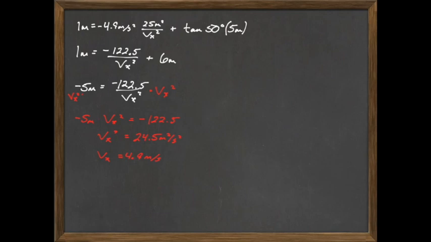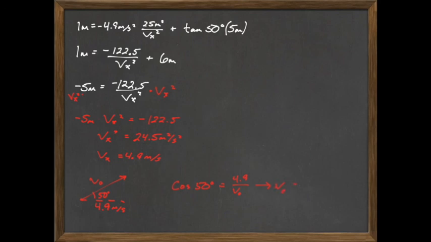Now, the question was asking for the initial velocity, and we've got the x component. So how do we find the overall initial velocity? Remember, the initial velocity is the hypotenuse of a triangle with a 50 degree angle, and we just found the x piece to be 4.9. To find the hypotenuse, the cosine of 50 degrees is equal to the adjacent over the hypotenuse.